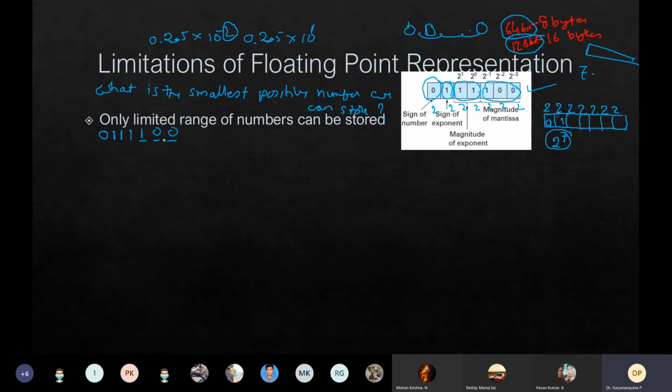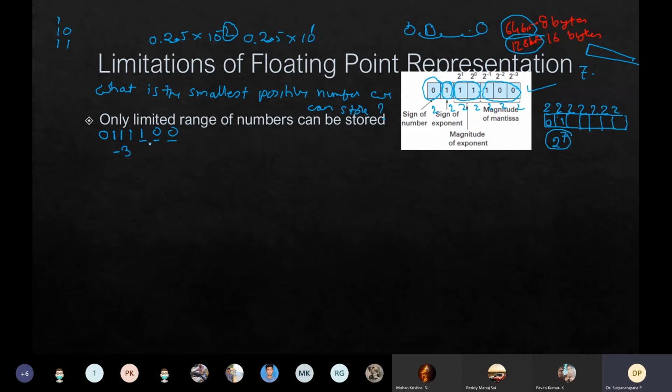Okay. Now you ask yourself, what is this number in decimal? So this is exponent. You know that this is negative and this is 1 1. In the decimal system, this is 1, this is 2, and this is 3. So exponent is -3.